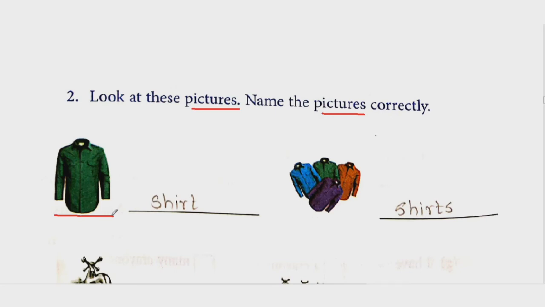Only one. That's why we have used a shirt. Okay? Here more than one shirt. So we will use S at the end of shirt. So when you are talking about many shirts, we will use S. So shirts or many shirts.